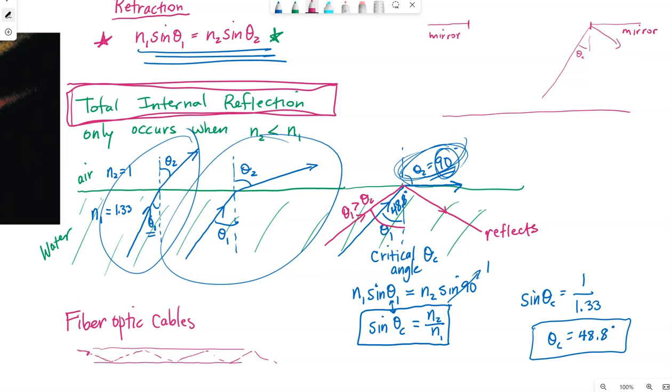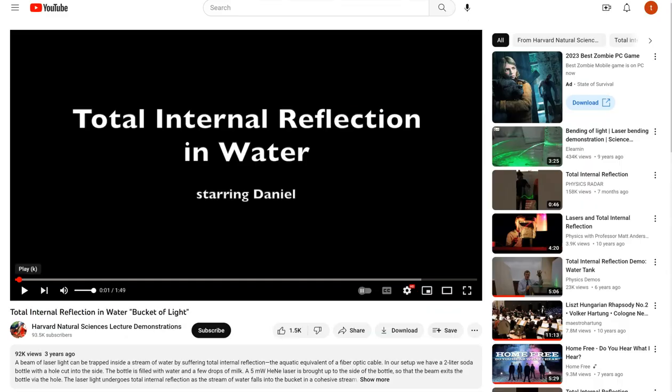I found a little demonstration to show you. This demonstration is to just show you the concept behind these fiber optic cables and the total internal reflection. It's just using water though, but it's still pretty cool to see in my opinion. I have sped it up a little bit just because no one talks. They just show you the setup. So here we go.